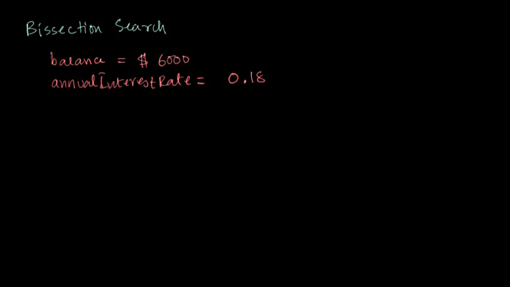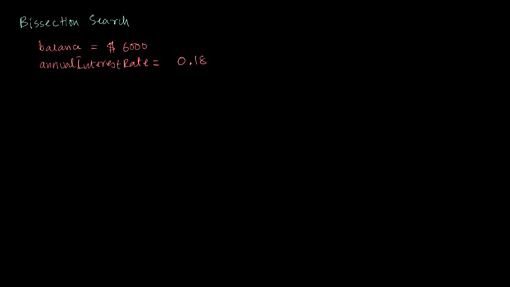what we have to do first in order to use bisection search is establish an idea of the maximum that we can pay and the minimum we can pay, right? So let's imagine a line.